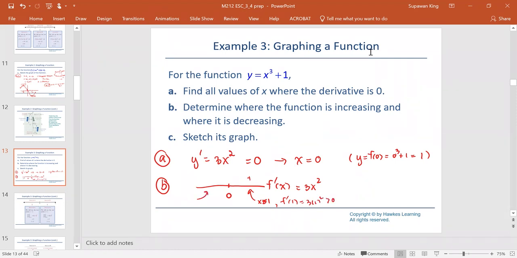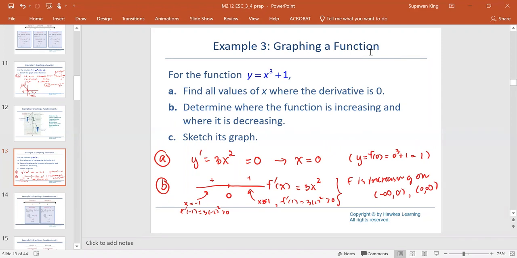Pick a number less than 0, for example, x negative 1. F prime at negative 1, or 3 times negative 1 squared, returns a positive as well. Therefore, f is increasing on the intervals negative infinity to 0 and 0 to infinity. And the graph of f is not decreasing at all.